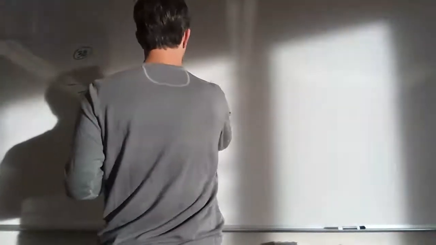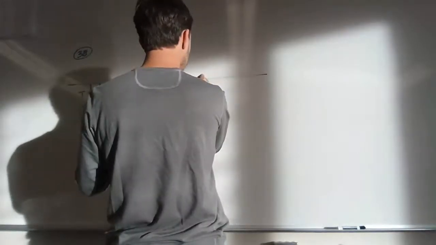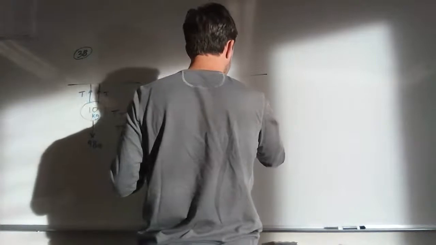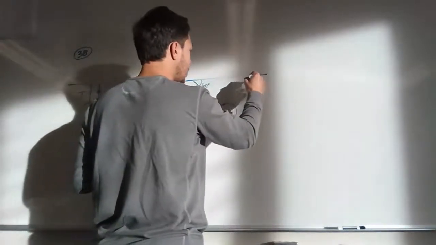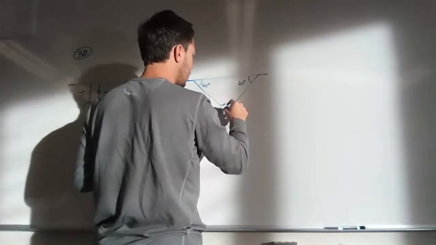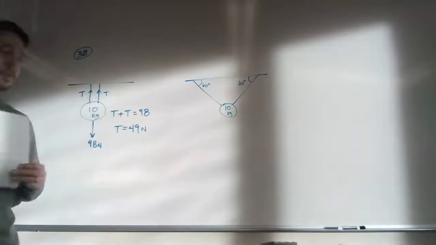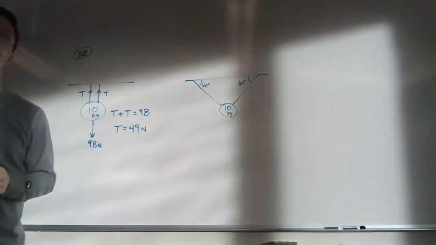Let's take a vote. Who thinks that in this configuration, so in problem 38, if these are both at a 60-degree angle with the ceiling, so this is a 60-degree angle, that's a 60-degree angle, it's still 10 kilograms. Do you guys think each string will have more than 49 newtons, less than 49 newtons, or will it just still be 49 newtons?